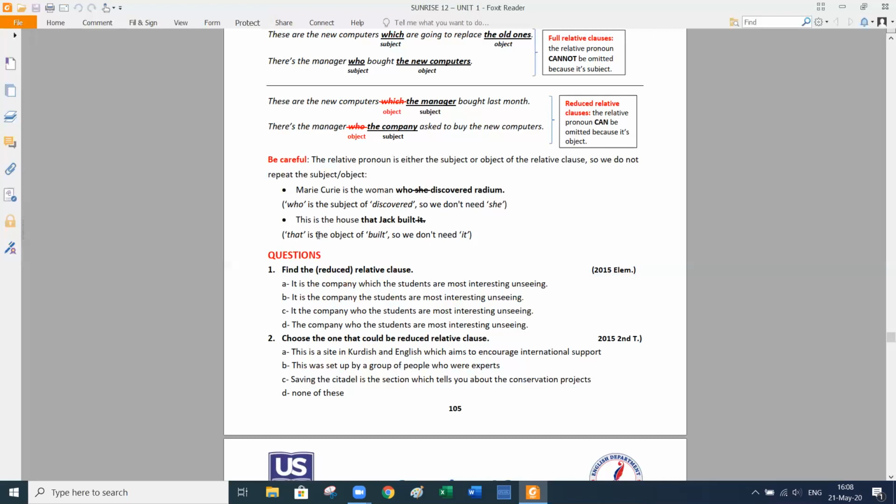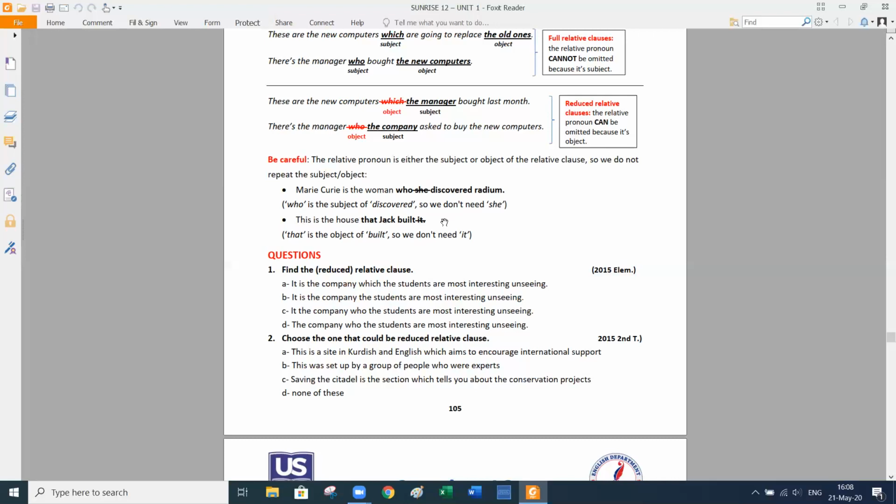The second example, this is the house that Jack built. Again, if there are two sentences and you are asked to join the two sentences using a relative clause and a relative pronoun, you would have, for example, "this is the house," full stop. And the second sentence, "Jack built it."